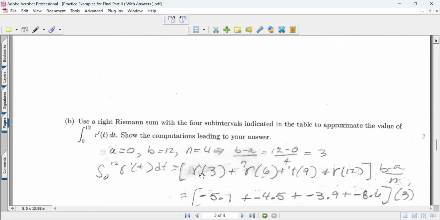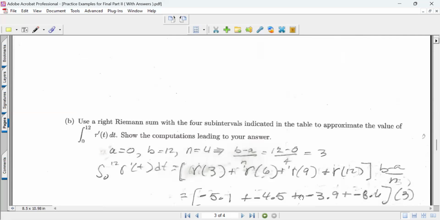So we'll find r of 3, r of 6, r of 9, r of 12, and we pick those values out from the graph. And that's the heights of the rectangles. We're using the Riemann sum, right-hand method, and this is the width of each of the rectangles.